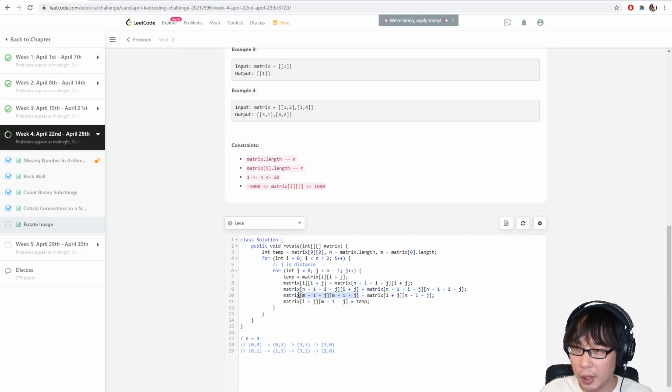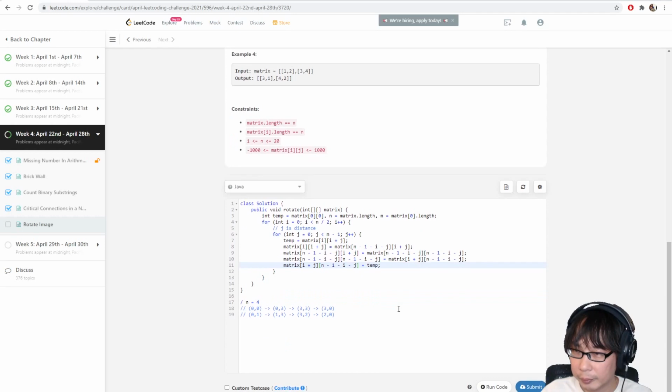Is there an easier way? So this will be the same column, a different row. Okay, let's see. So let's try it.